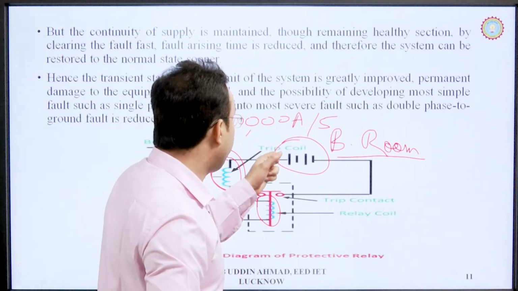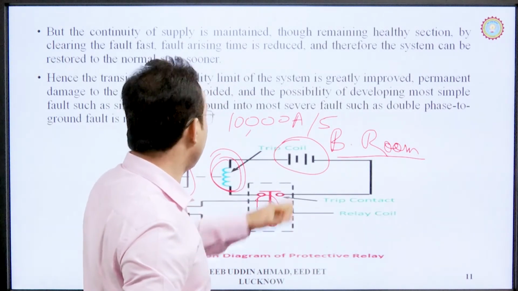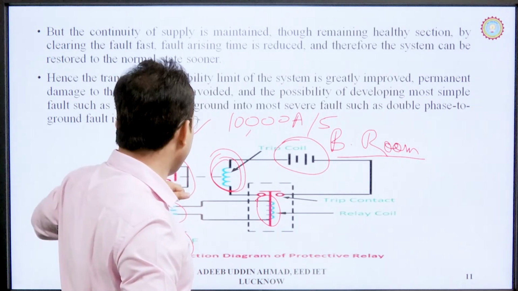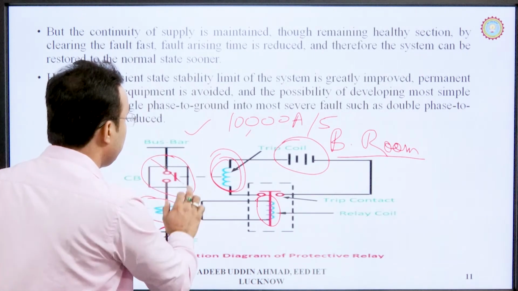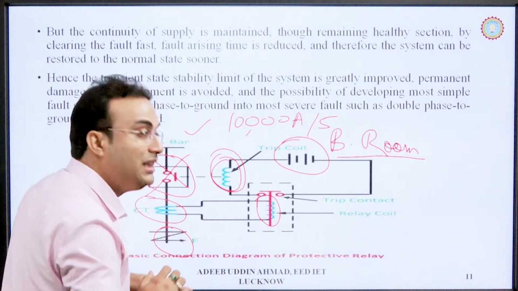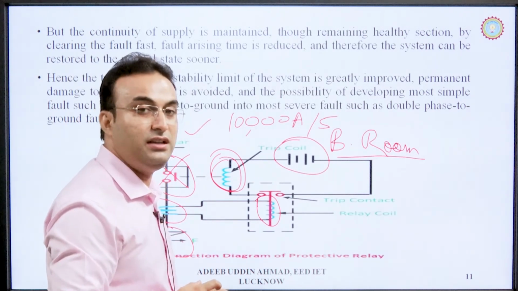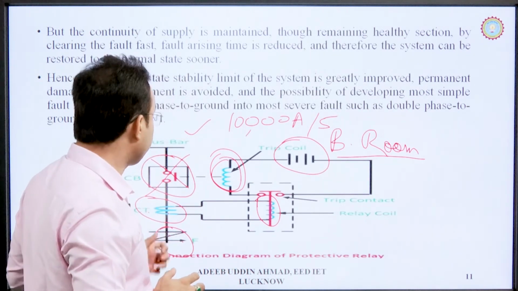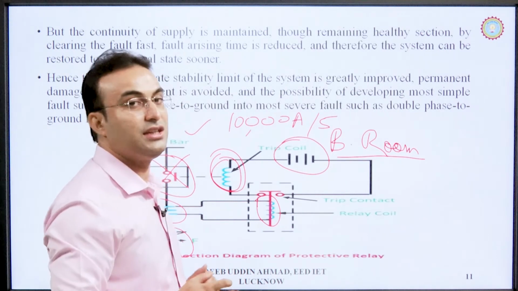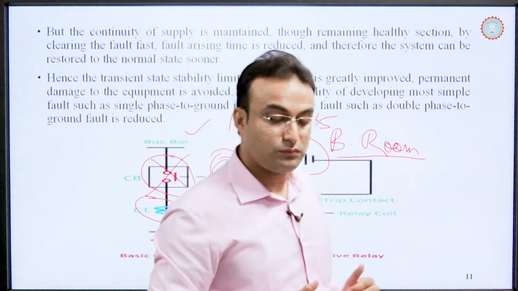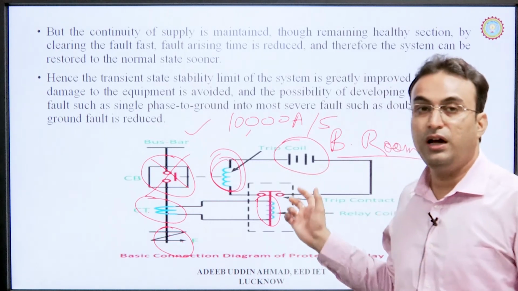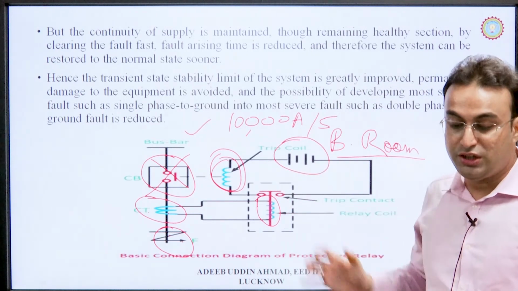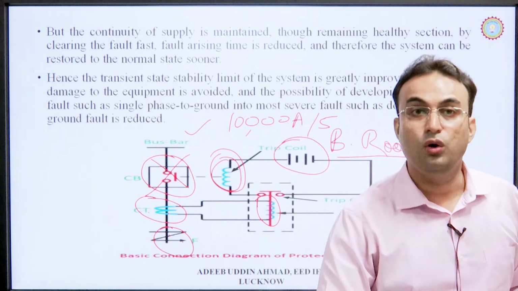After that the trip coil is energized, and after the energization of the trip coil, the circuit breaker will operate, and this faulty section is isolated from the healthy section. So, all the faulty section is isolated from the healthy section. That is very important. So, this is basically the phenomenon of protection to understand how the relay works.